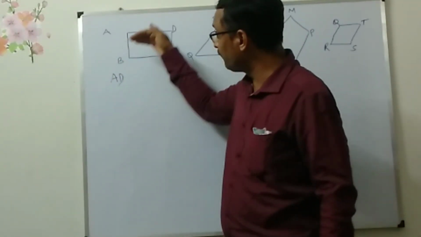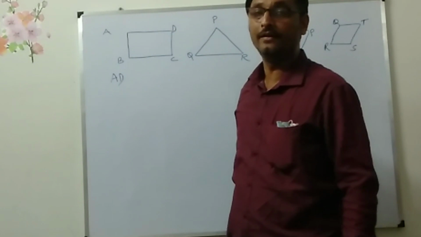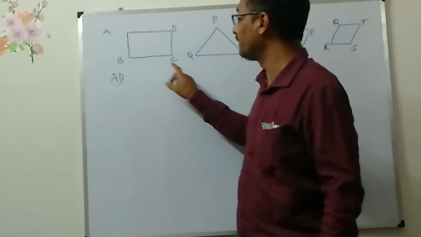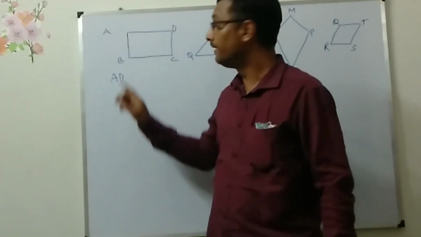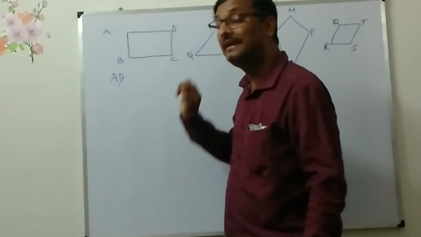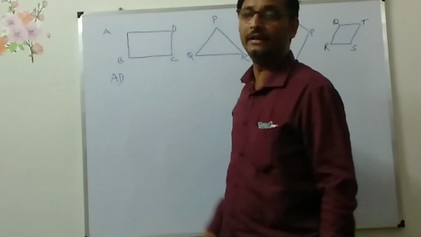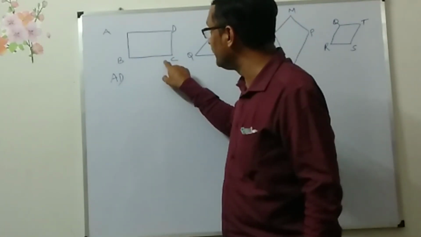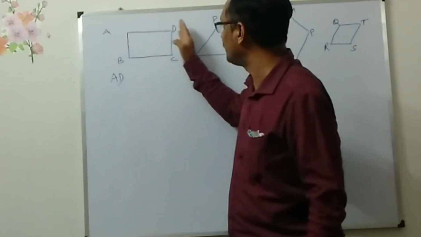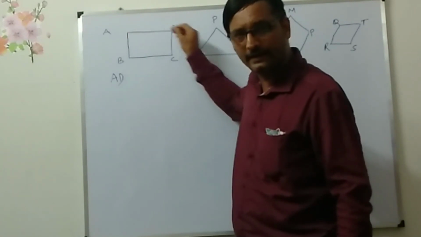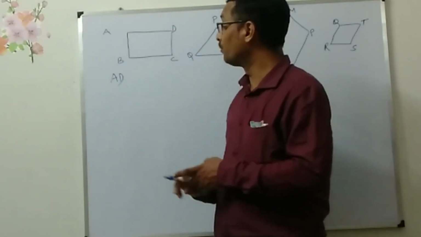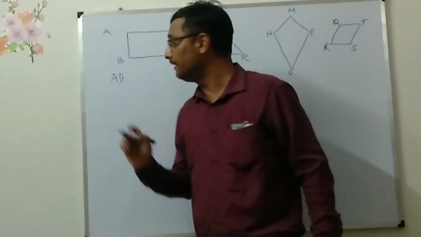No. Is there any line below AD? Yes. What is the name of that line? The name of that line is BC. Is BC parallel to AD? Is BC maintaining equal distances throughout with AD? Yes.